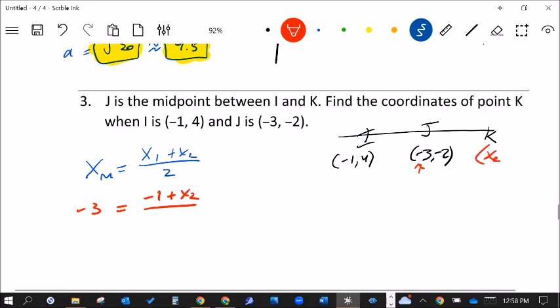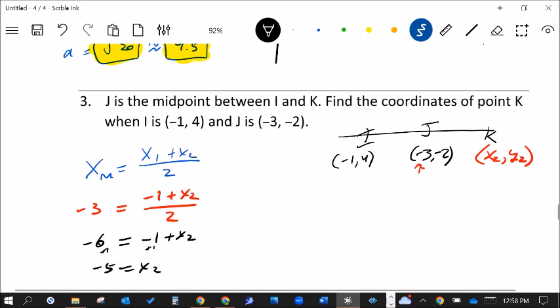This one over here is x sub 2, y sub 2. So I multiply both sides by 2 and get -6 equals -1 plus x sub 2. Add the 1, and I get -5 equals x sub 2. So this should be a -5. We're going from -3 to -1 to -3 to -5. That looks right. That makes sense.